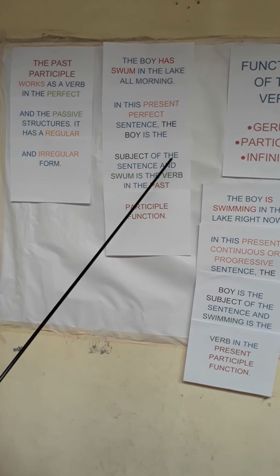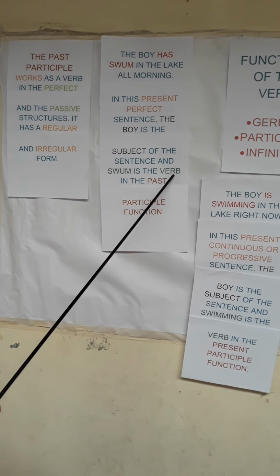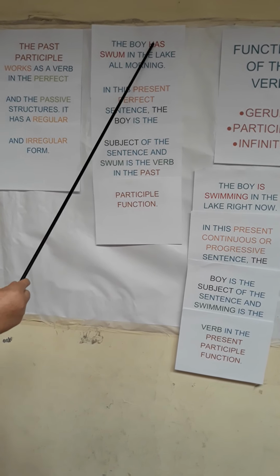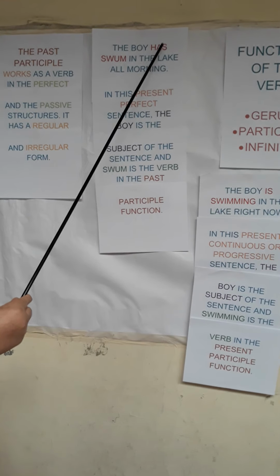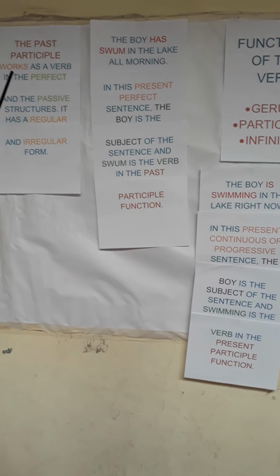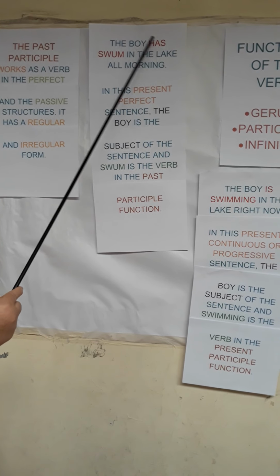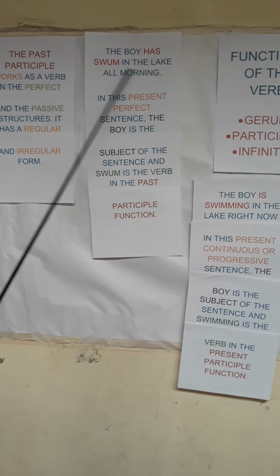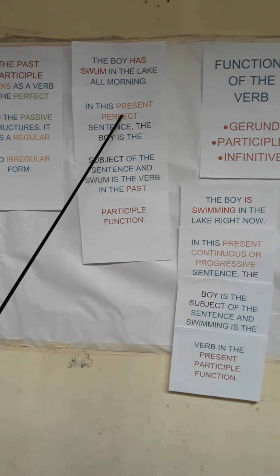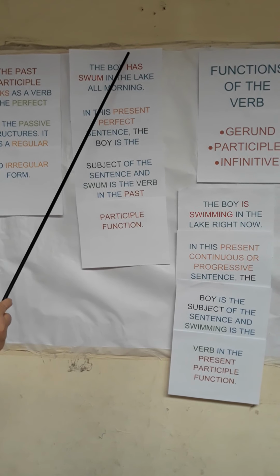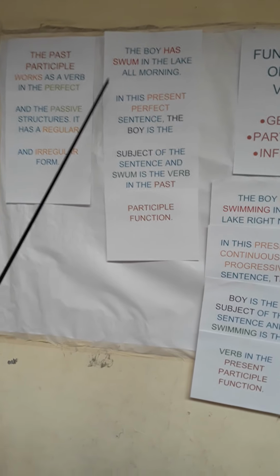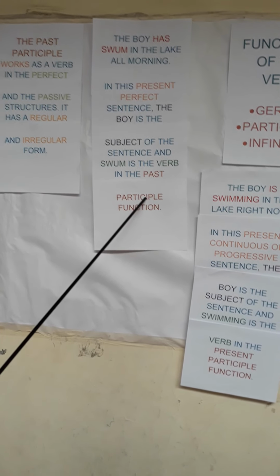And swum is the verb in the past participle function that is working together with has as a present perfect structure. That's why it says the boy has swum in the lake all morning. So has swum is a present perfect structure that is composed of has, the auxiliary, and swum, that is the past participle verb.